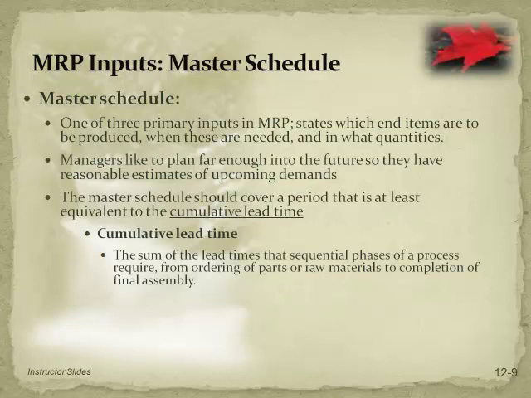Cumulative product lead time is this. Let's say that I'm producing iPhones, and I had no inventory of any of the materials that go into an iPhone. I had no displays, I had no memory chips, I had no microprocessors, I had no inventories of any of those.